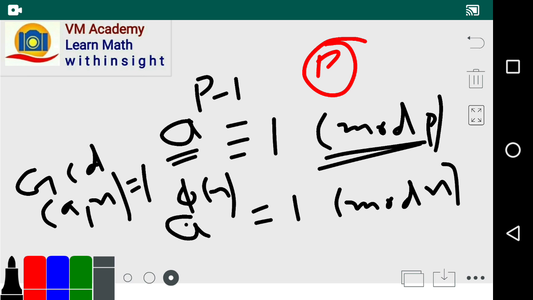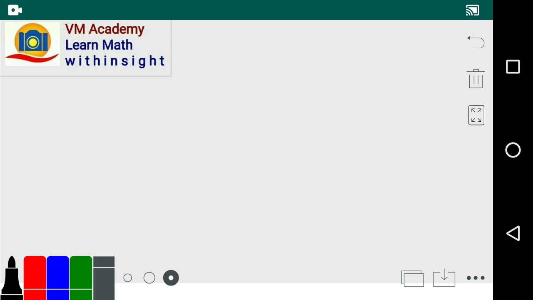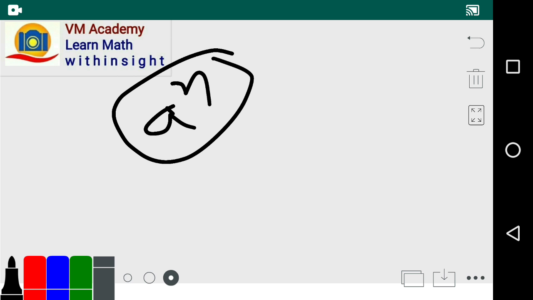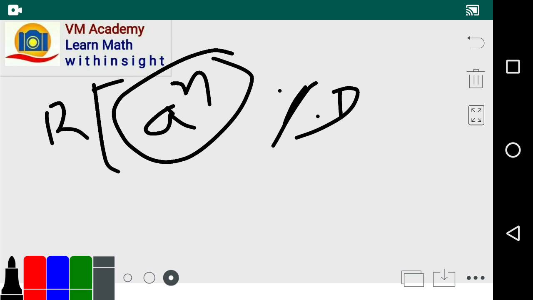Now with the help of these two equations and the Chinese remainder theorem, we can calculate the remainder of any integer a raised to some power n divided by d. We can easily calculate the remainder of this, friends.